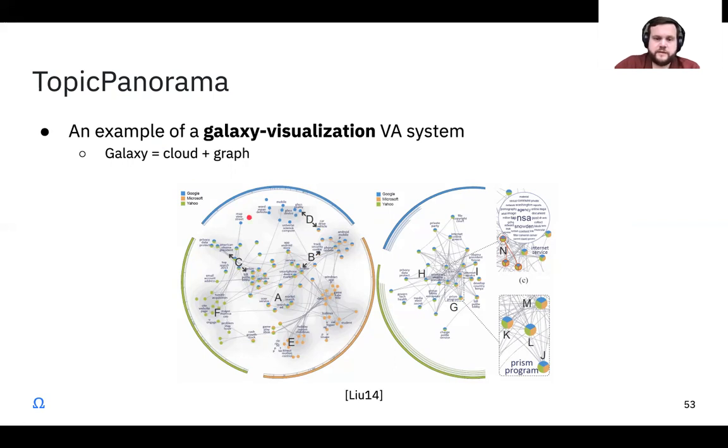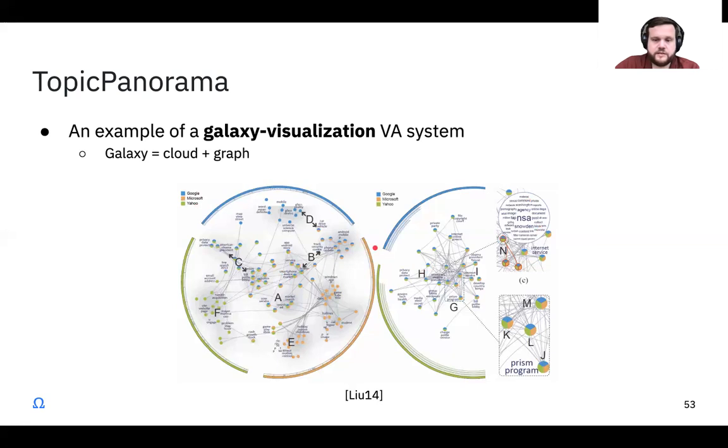We have topics that are being discussed on various popular sites. I think it's even by the search engines. So we have Google, we have Microsoft Bing, and Yahoo. And here we see a graph-based visualization of various topics, and we're going to see some clouds here as well.